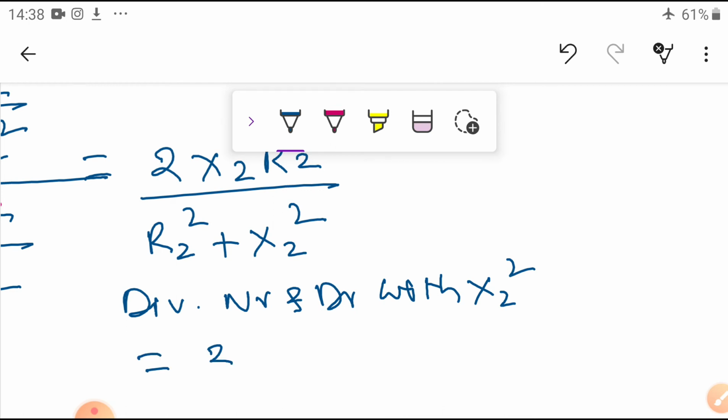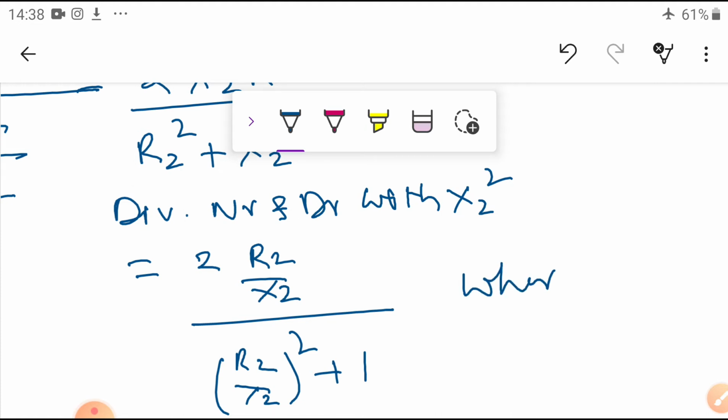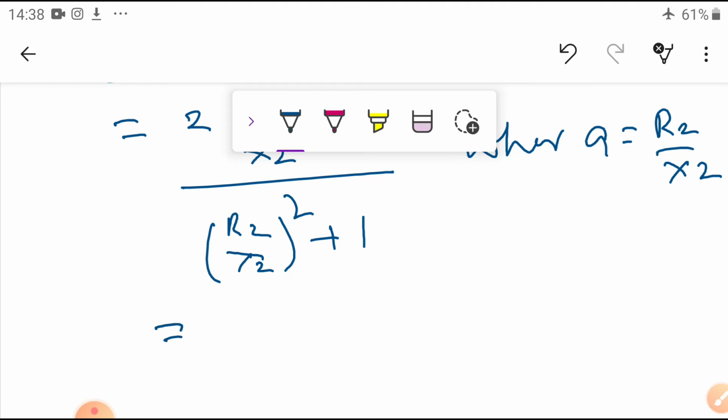Then we are going to get R2 by X2 whole square plus 1. So let a be equal to R2 by X2. Simply substitute, that is equal to 2 into a divided by a square plus 1. So that is the formula.